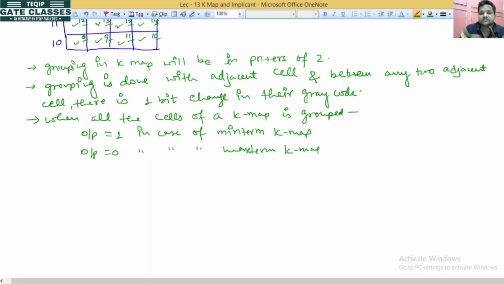So when all the cells of a K-map are grouped, if it is a min-term K-map, then output will be 1. If it is a max-term K-map, then output will be 0.